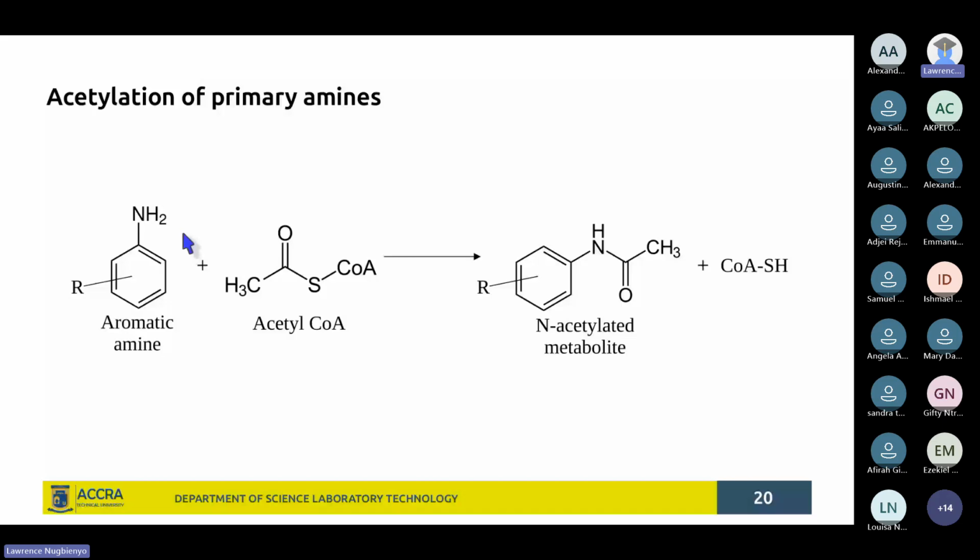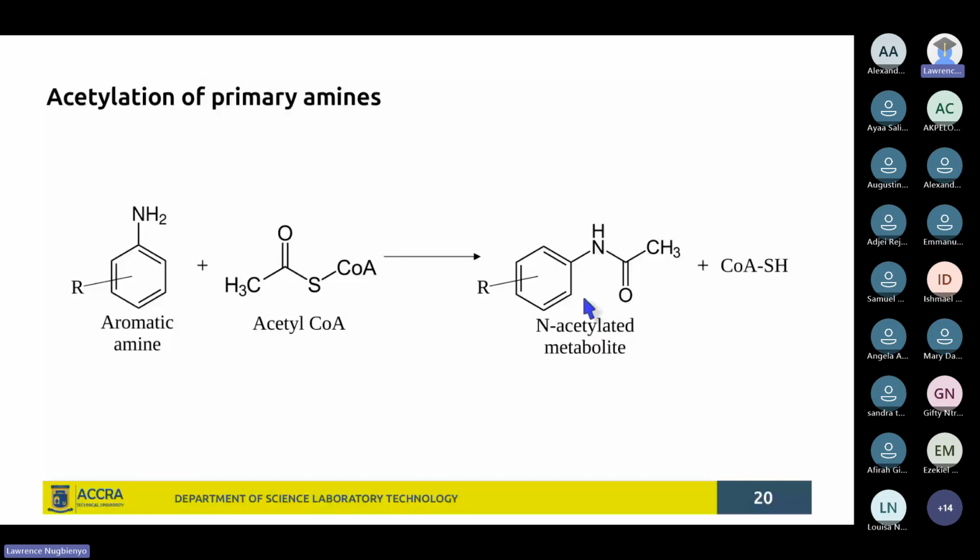The coenzyme A is released free. That's an N-acetylated metabolite. It's a common conjugation reaction you see with different kinds of primary amine medicines, drugs.